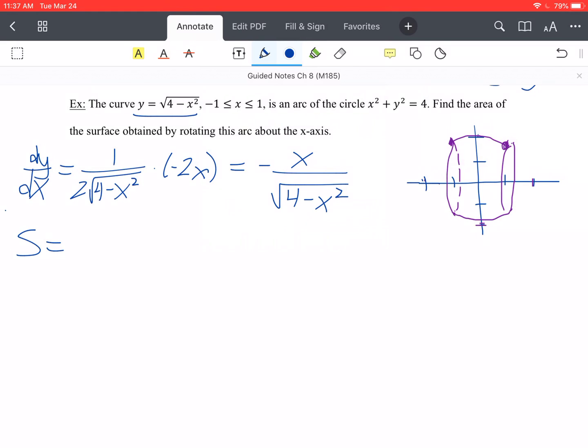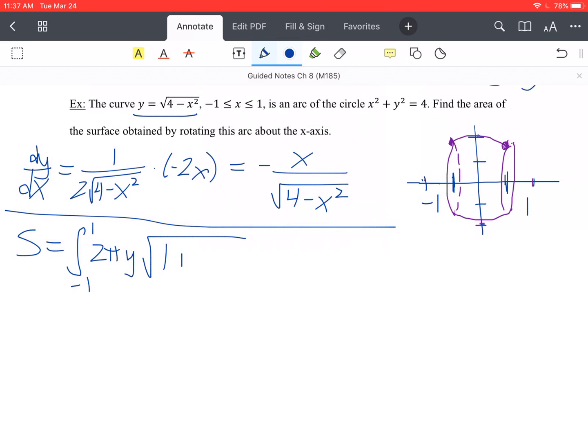So S is the integral, and we saw x is going right from here to here, so that's from -1 to 1 of 2 pi y, again because y is a function of x, times square root of 1 plus dy/dx squared dx.